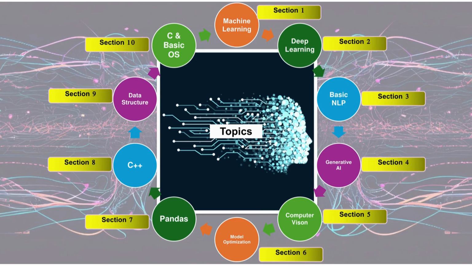First section is machine learning, then next we will see deep learning, then we will go through the basic NLP, then next is generative AI, then after that computer vision, then we will see model optimization, then pandas.